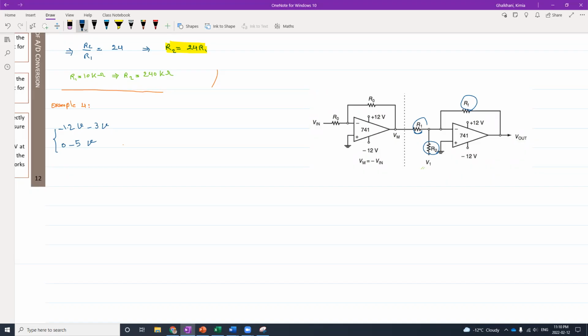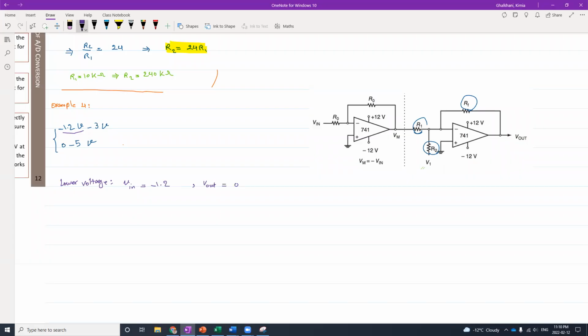So now, what is the lower voltage? First, I'm going to go over the lower voltage. For the lower voltage, I have the input voltage equal to minus 1.2 from the problem, and the analog to digital voltage, which is V out, is going to be 0.